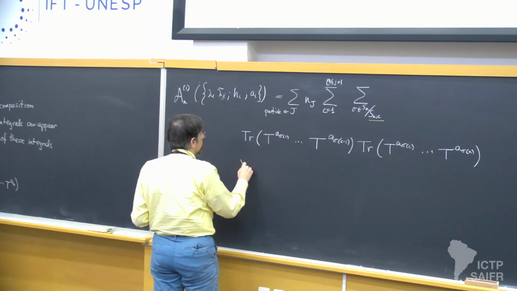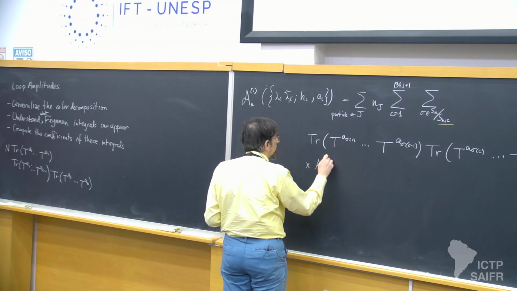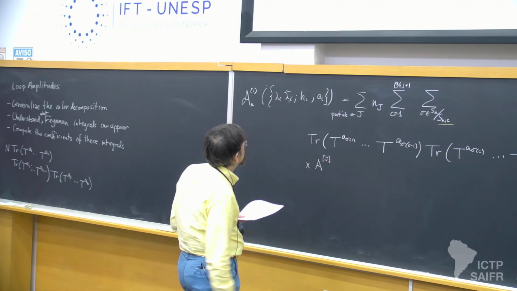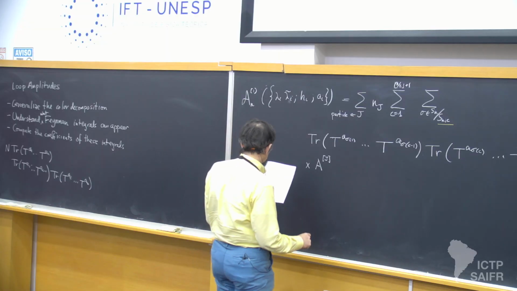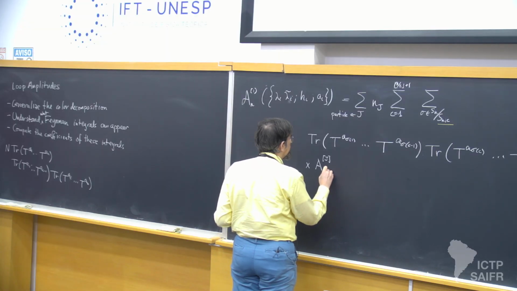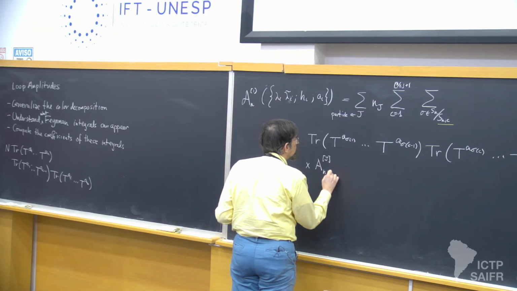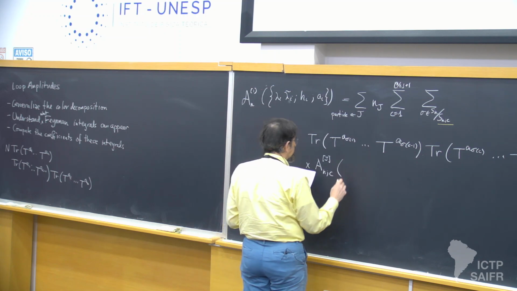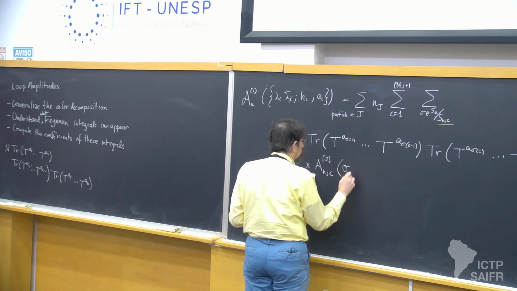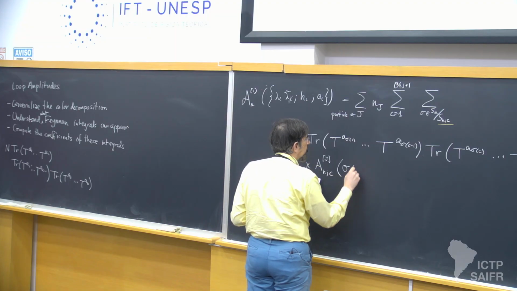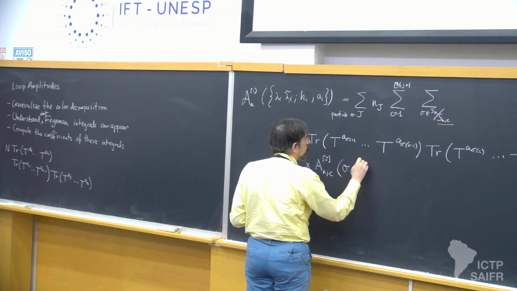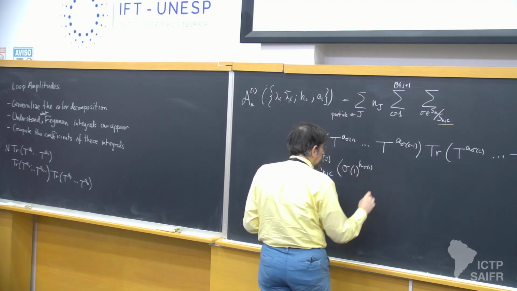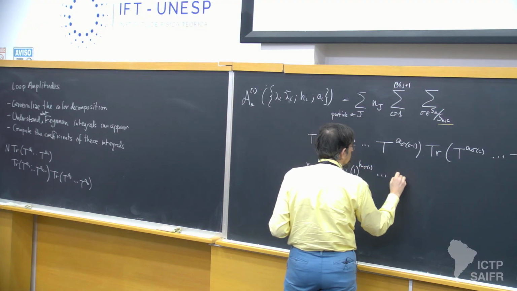And this then is multiplied by the kinematic factor, which in general depends on the type of particle circulating around inside the loop, in addition to the number of external gluons. It also depends on the color structure.